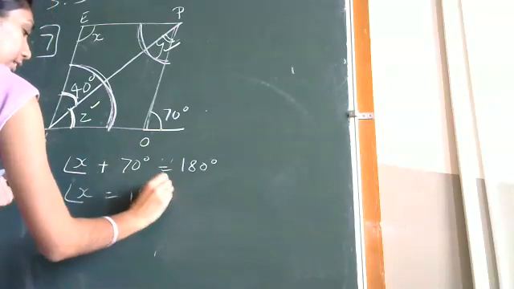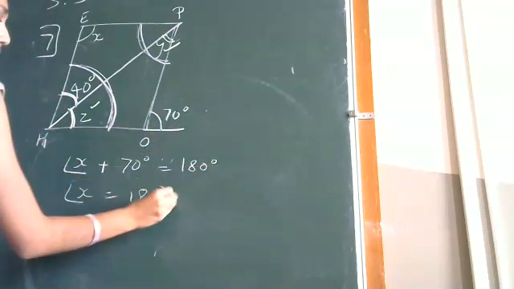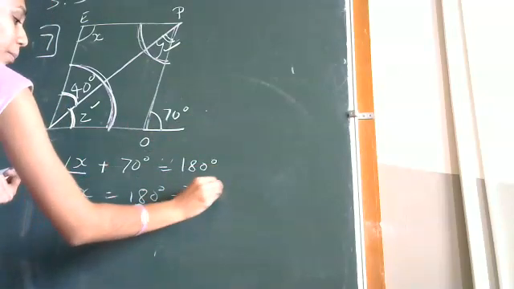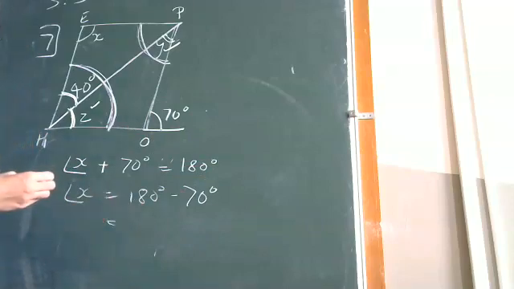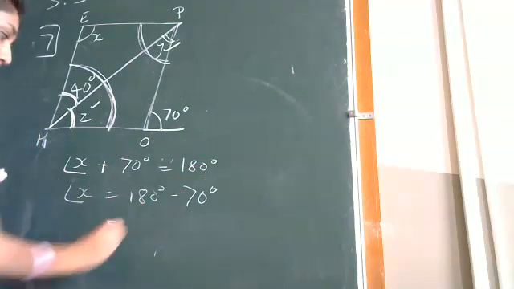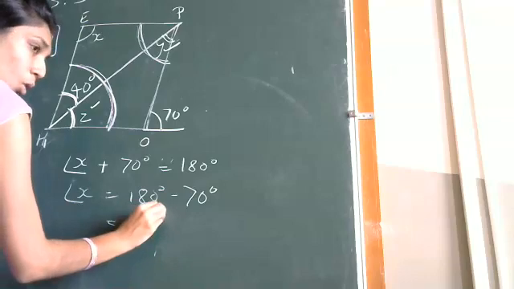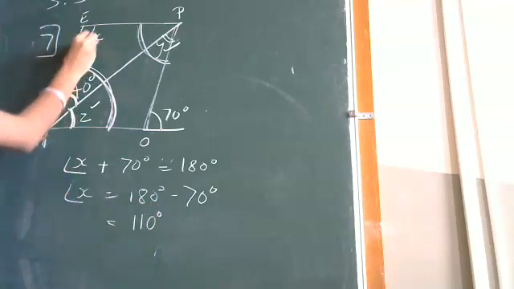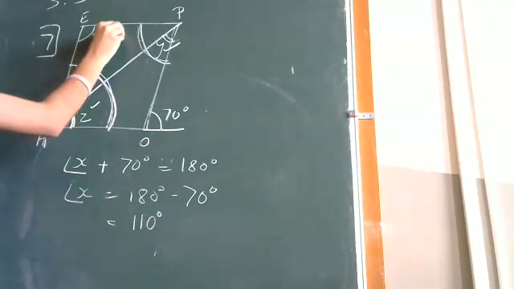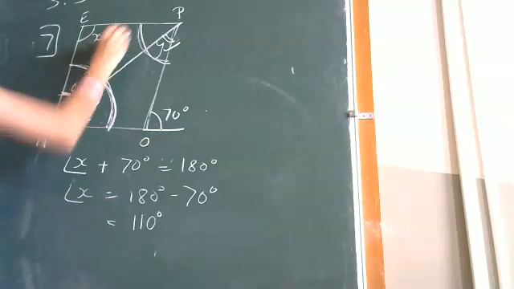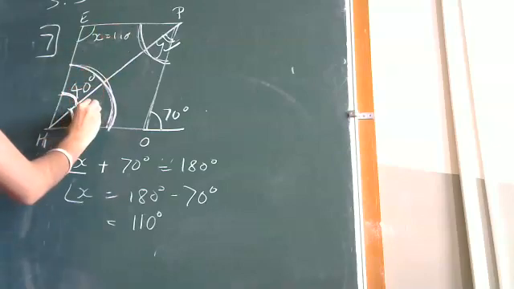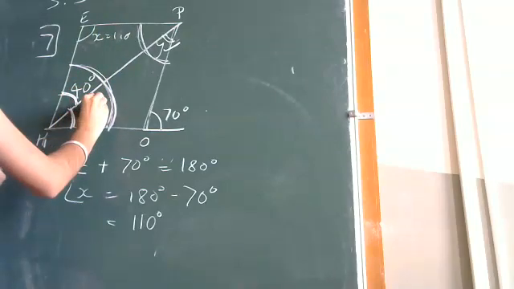It's equal to 180. So this 70 going to the right hand side becomes minus 70. So what is 180 minus 70? So 180 minus 70 is 110 degree. So the angle value of x is 110 degree. And what was z? What value for z we got? 30 degree.